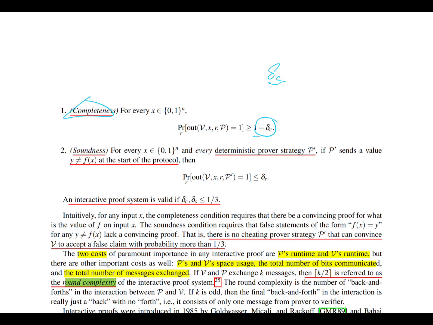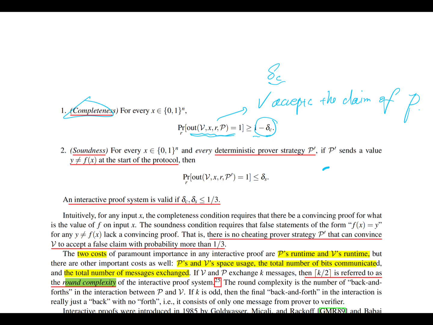So 1 minus this error means the success probability. So the probability must be more than this. The probability of what? The output being 1, which means the verifier accepts the claim of the prover.